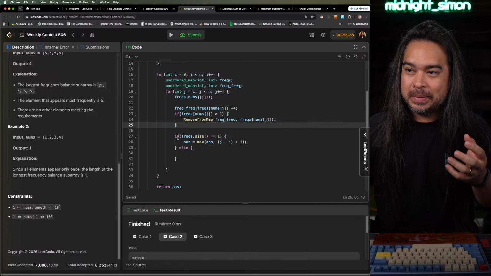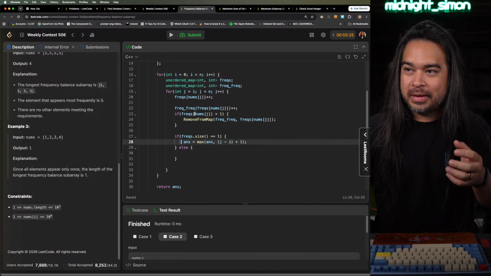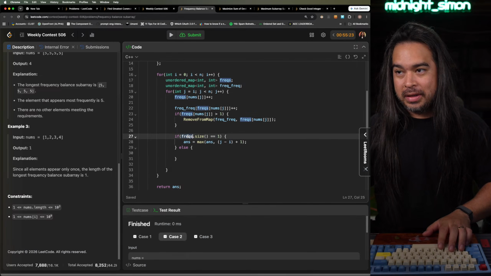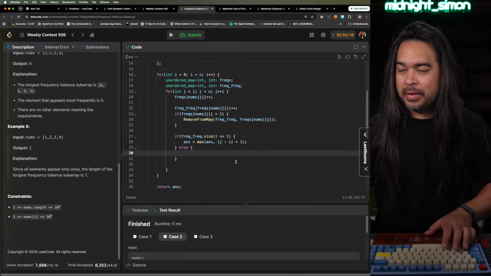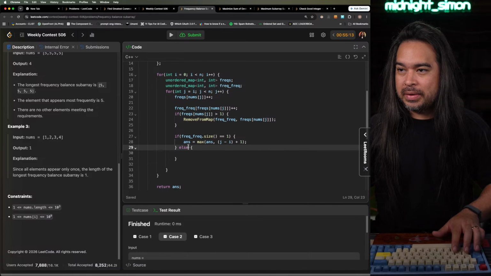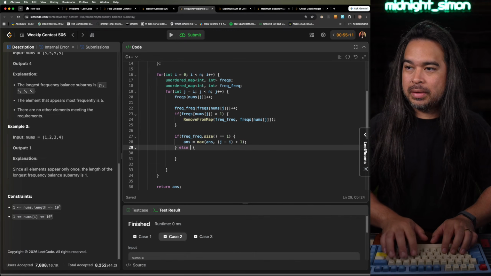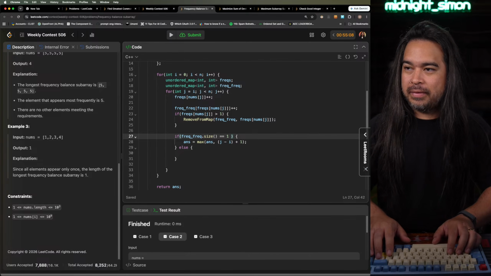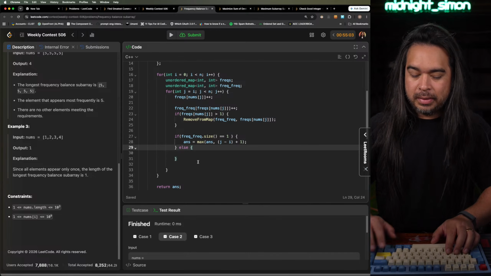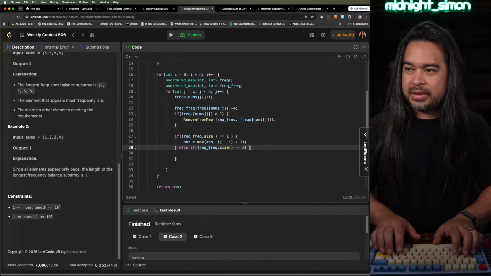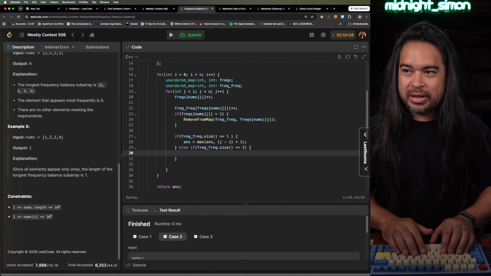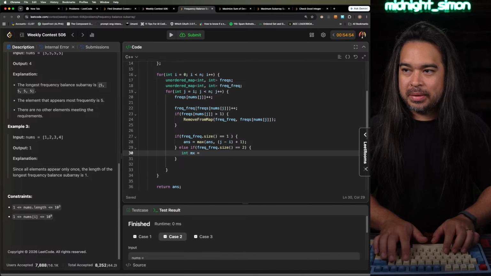And then if this is one, we only got one thing. Otherwise, I guess if, man, otherwise if it's two elements, then we gotta check the min max thing, man.